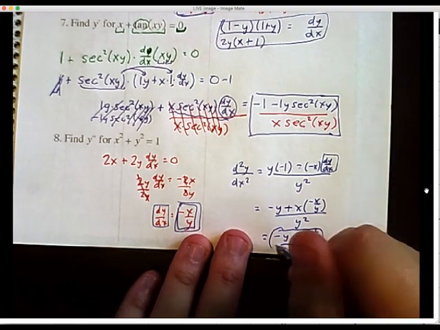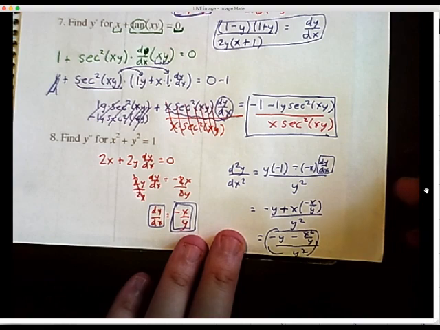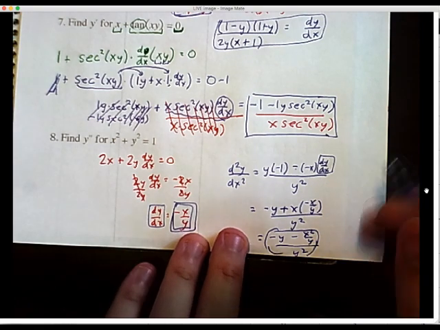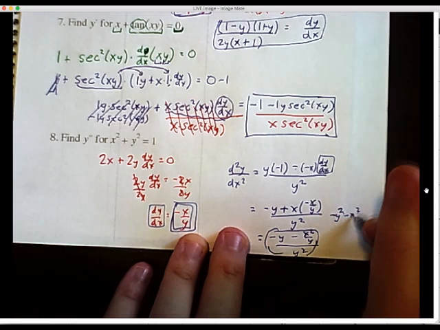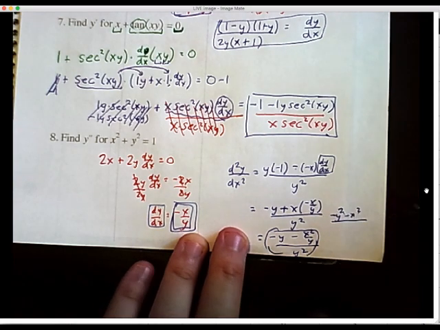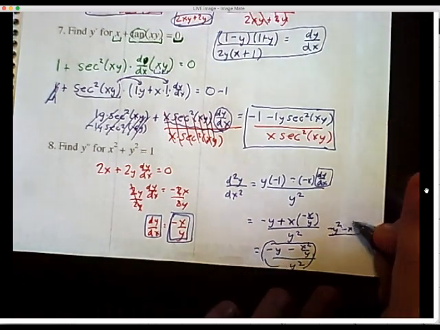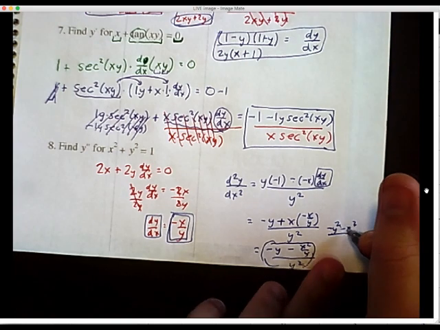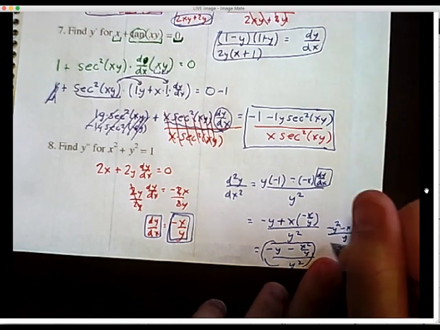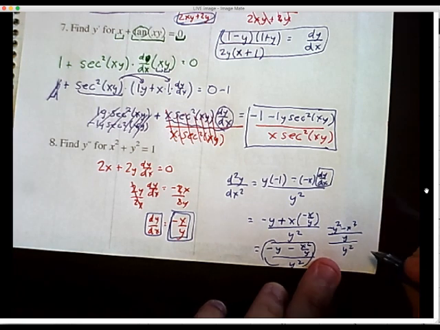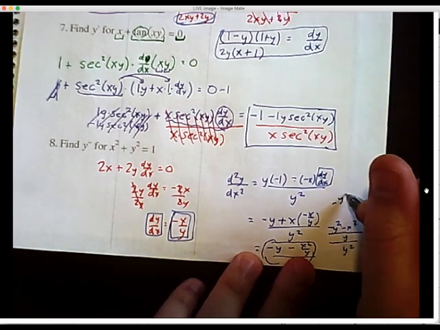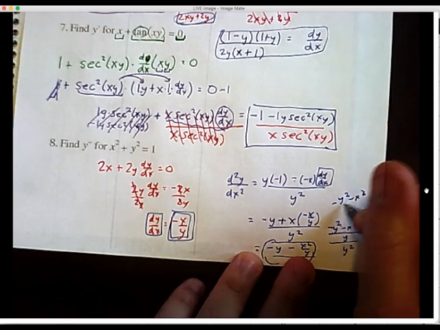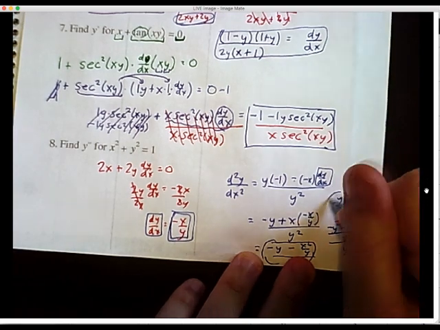Or you could get common denominators and make that look a little bit nicer. What do I mean by that? I mean, I could get negative y squared minus x squared. Actually, I'm sorry. Yeah, negative y squared minus x squared over y, all over y squared. Or you could write it as negative y squared minus x squared over y cubed.